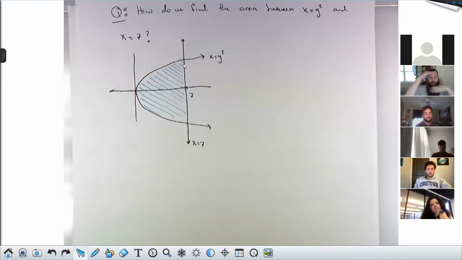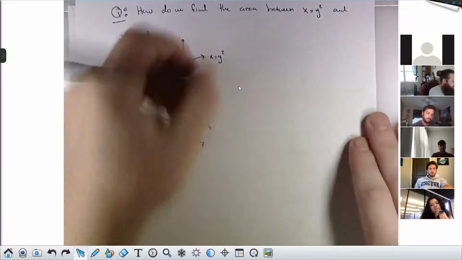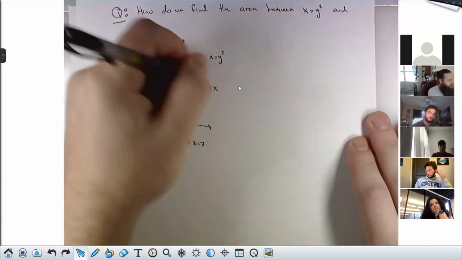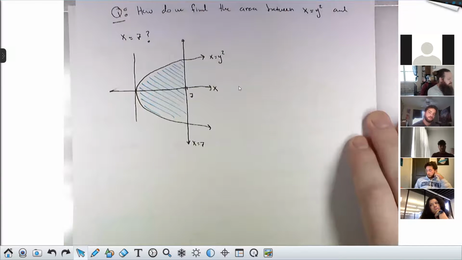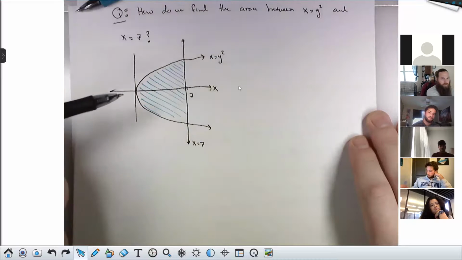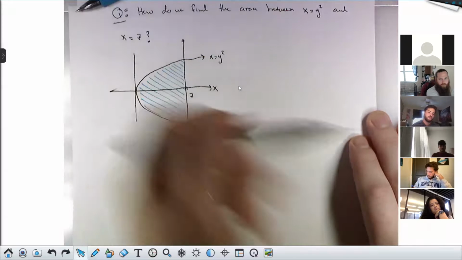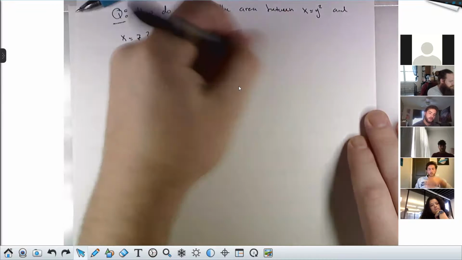So in order to get that height and have that come out positive, you subtract the smaller thing from the larger thing. Well, here your outputs are x values, and you know x increases as we go to the right.